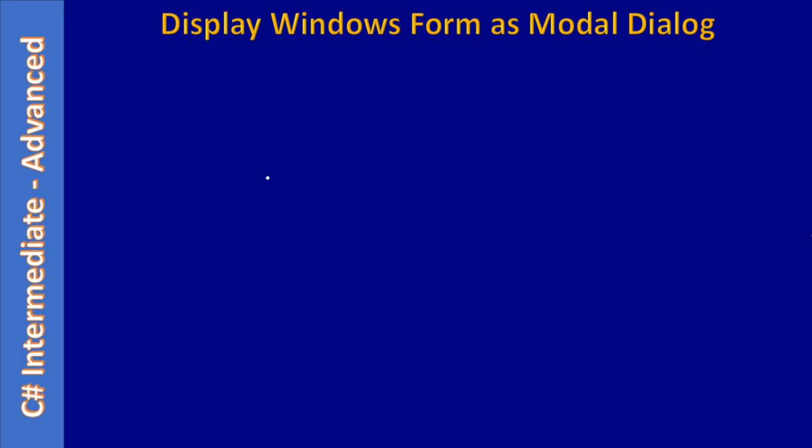So in the previous part, when we displayed the about box as a modeless dialog, we learned about the form border style. That's the property. Then we learned about the minimize and maximize box. So the same properties are required for a modal dialog also. For our example, we will use form border style as fixed dialog.